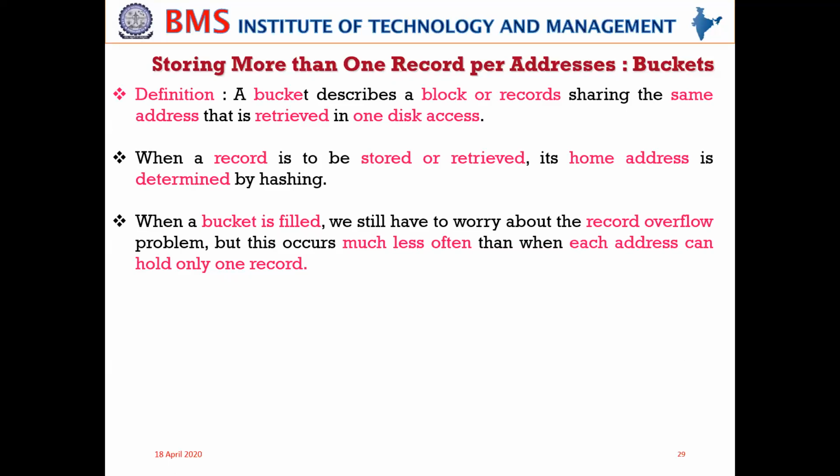Here also we cannot always ensure there will not be any overflow, because you have only increased the capacity of the bucket to more than one record. When a bucket is filled, we still have to worry about how to handle the overflow records. This overflow problem is present in the case of a bucket also, but it occurs much less often than when each address can hold only one record.